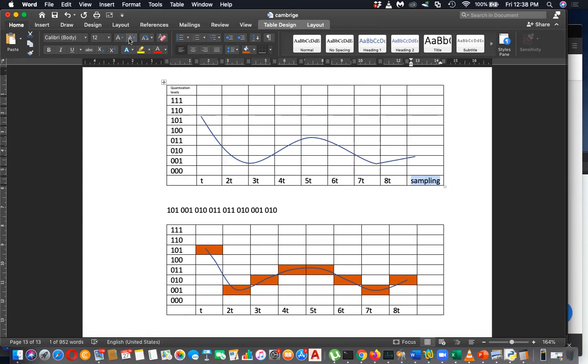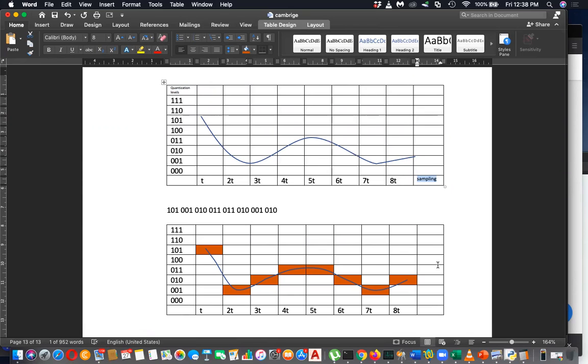Quantization levels on one axis, and the sampling rate on the other axis.